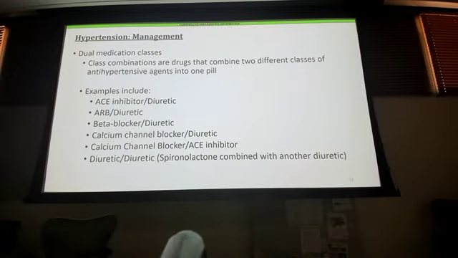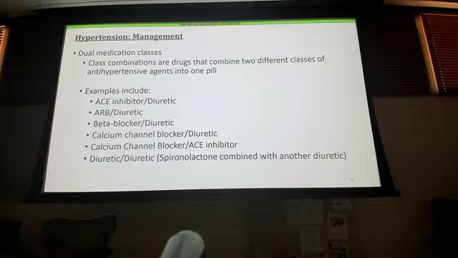The nice thing about if a patient needs more than one medication to manage their blood pressure is there's lots of combination pills out there to help you reduce the number of pills that patient has to take. Compliance is always going to be a concern in any patient with a condition.